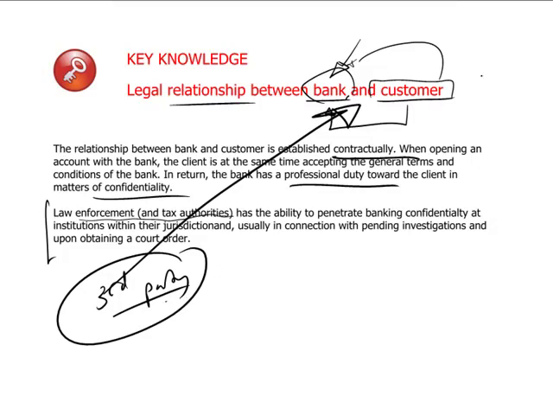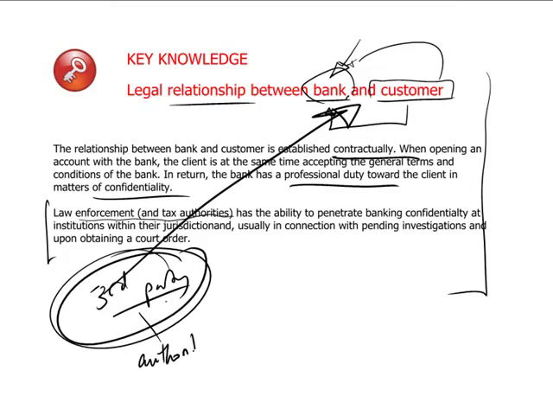So the relationship has become complicated by what almost amounts to a triangular relationship with the third party, i.e. the authorities, playing a role in, one might say, possibly interfering or intruding on the relationship between bank and customer.